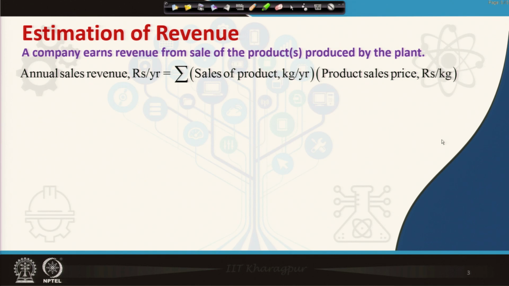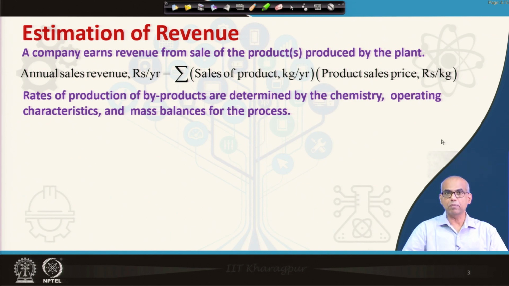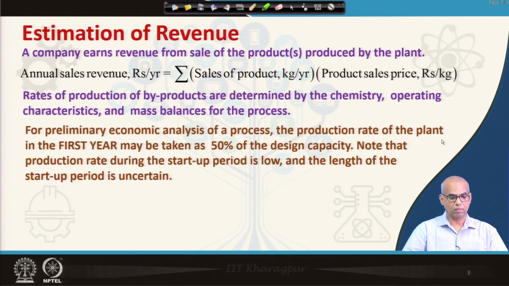So, you will get sales revenue in rupees per year. The rates of production of byproducts are determined by the chemistry, operating characteristics and mass balances for the process. We will talk about byproducts soon in some more detail.